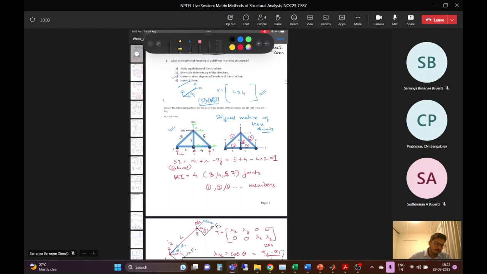After solving the problem, I don't think the question still persists, but it is very evident that you have to choose the unknown degrees of freedom first to keep them together in the unknown displacement vector and in the unknown force vector, and subsequently you can directly partition your stiffness matrix.